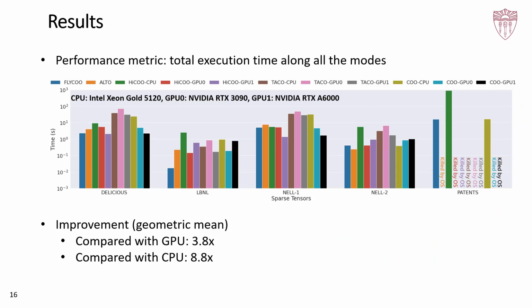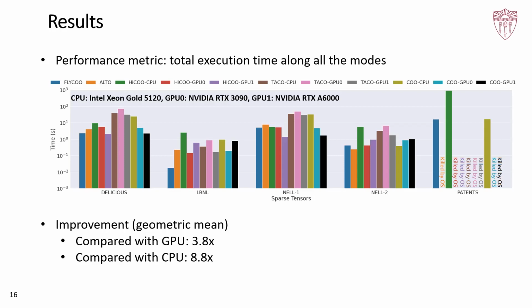We compare our result with state-of-the-art implementations, mainly ALTO, which was introduced by Intel's High Performance Computing Lab, and ALTO is performed only on CPU. Also Georgia Tech has introduced FLYCOO on CPU and GPU.